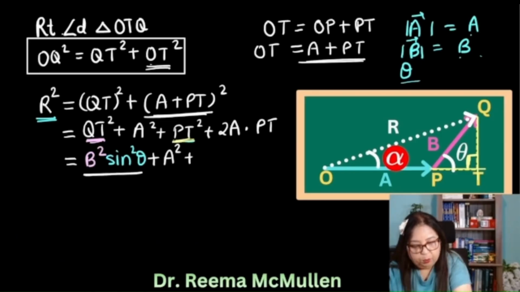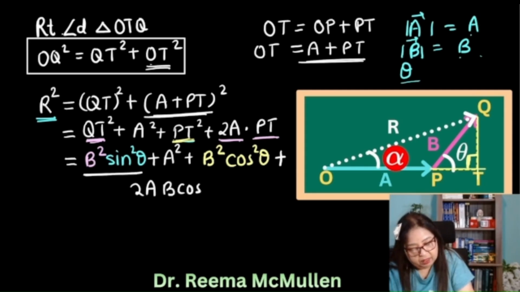So PT squared will be equal to B squared cosine squared theta plus the last term. The last term that we have is 2A times PT. Let's leave 2A as 2A, and PT will be equal to B cosine theta.